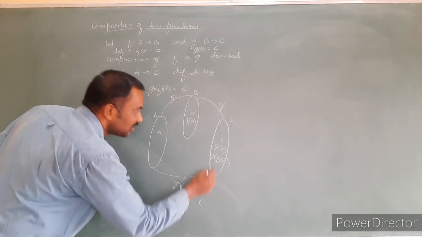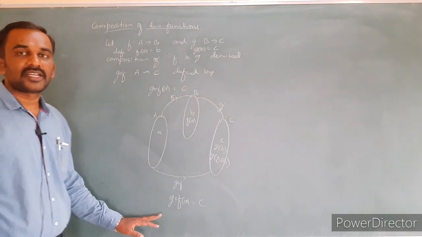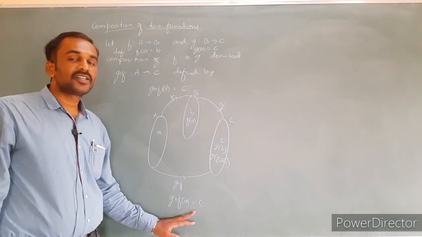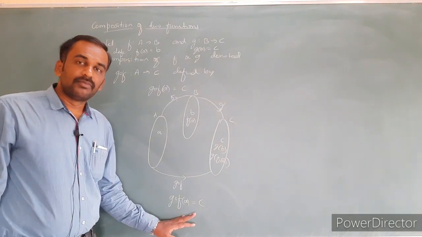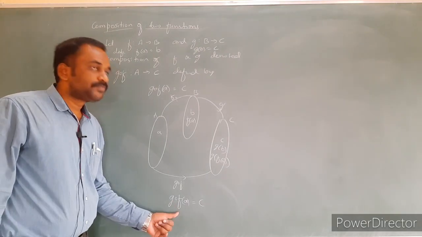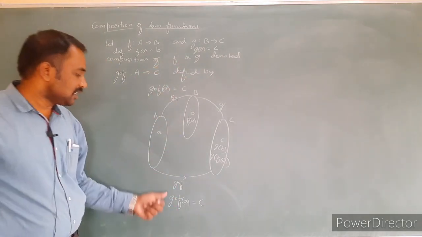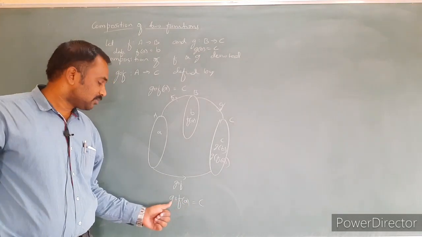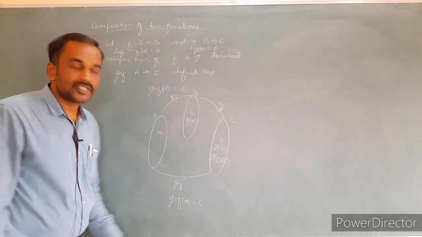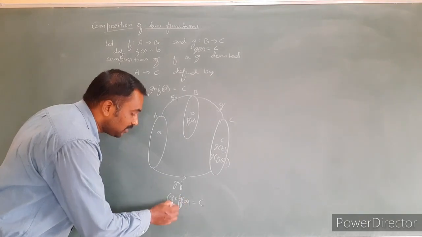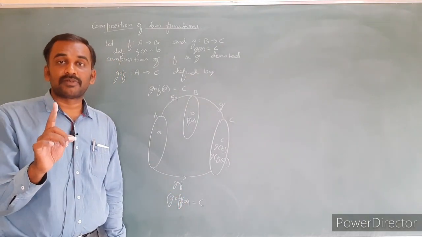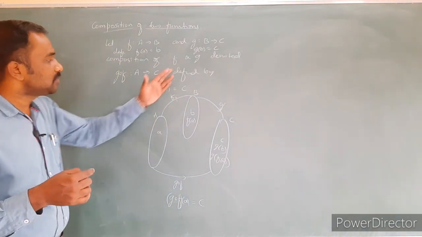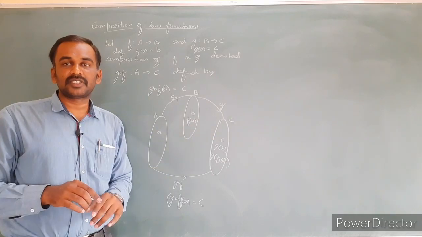The image of a under the function g circle f is equal to c. This is exactly the meaning of the composition of two functions. The composition of f and g is denoted by g circle f. This g circle f is a single function, not two different functions. Earlier f was a function and g was a function, two different functions.